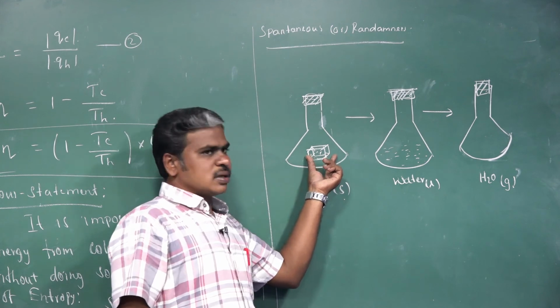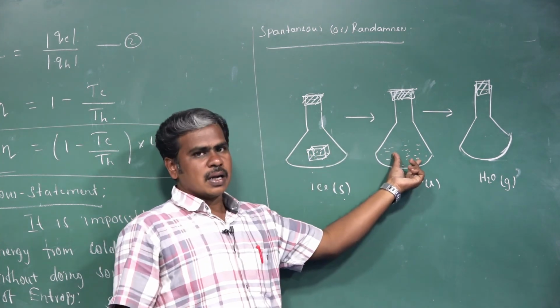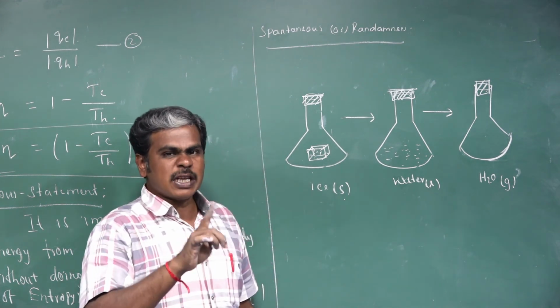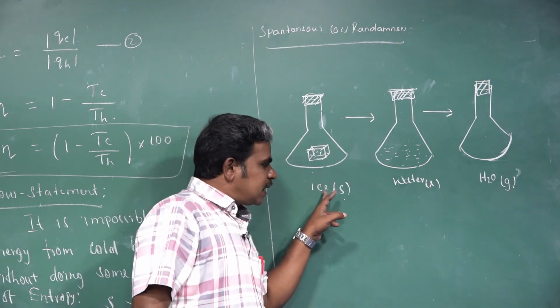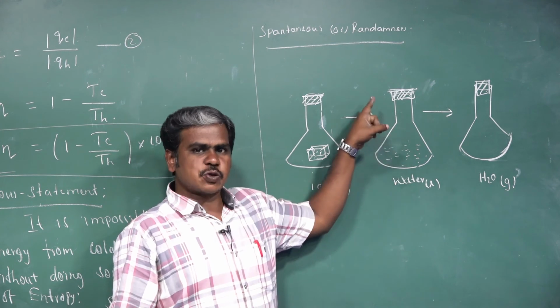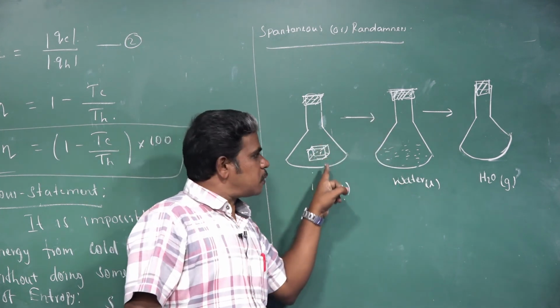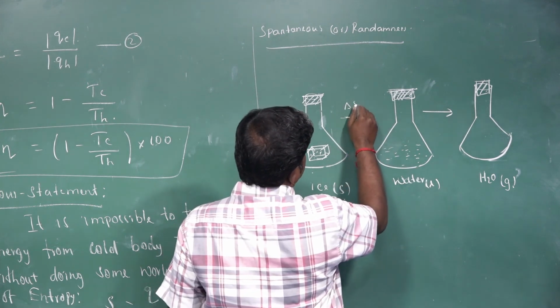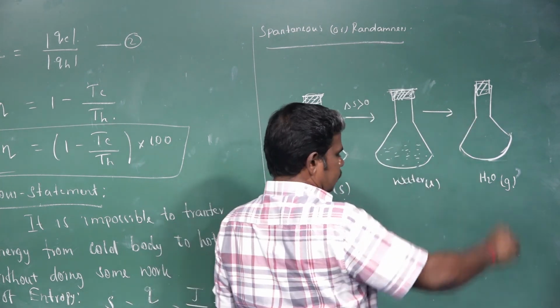So the ordered state becomes disordered. Increase in entropy tends to be spontaneous. So melting of ice is spontaneous, and it is spontaneously converted into water. Then here delta S is greater than 0.